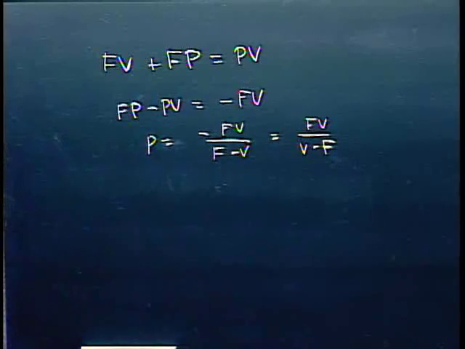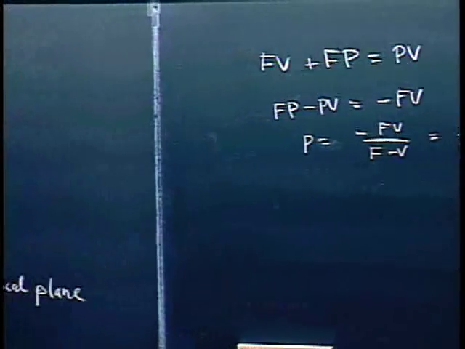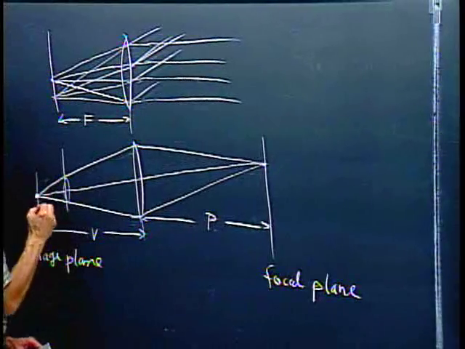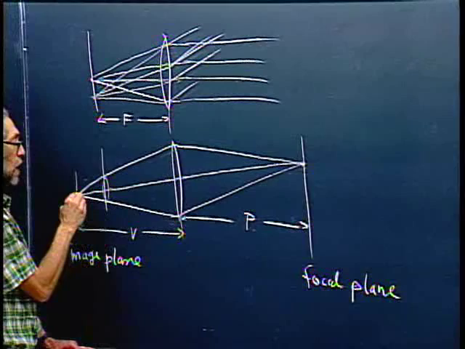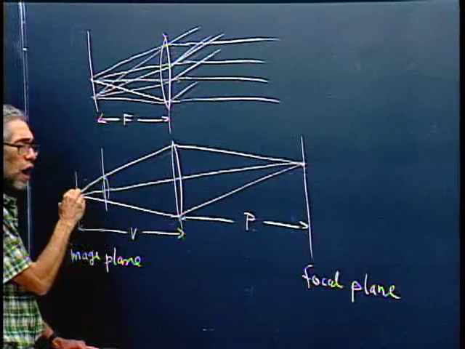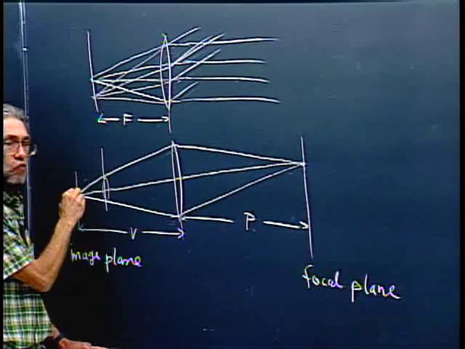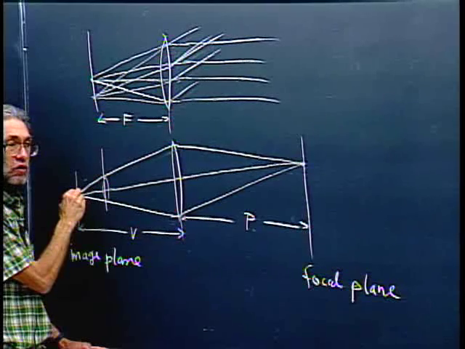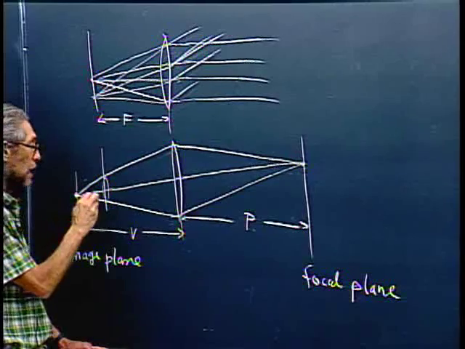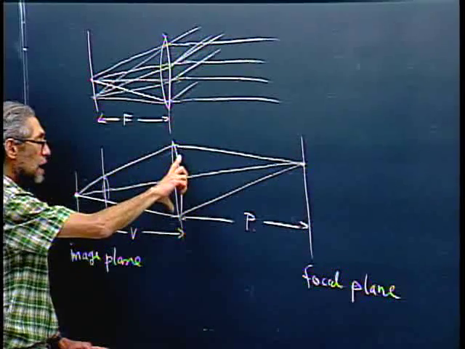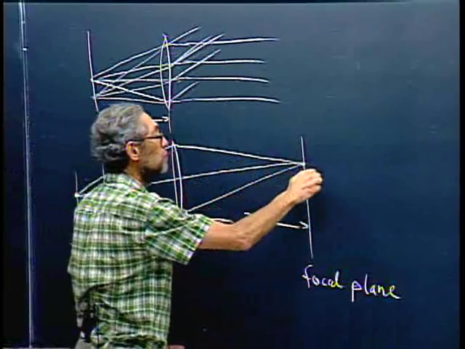Okay, so now suppose we start with a point on this focal plane, and we want to figure out what rays from the scene converge on this point. Basically, we've got a cone to the lens, and then we come to this point.